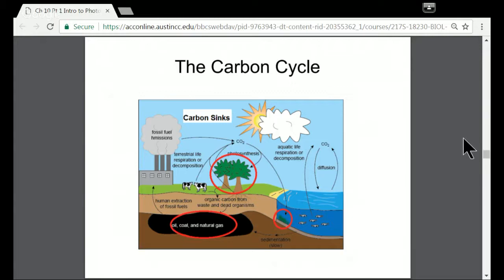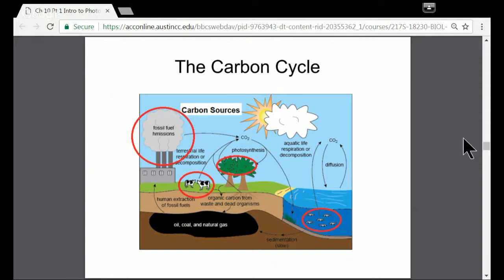One of the major problems we're running into right now is that when you pull up these fossil fuels, you take them out of the ground where they've been relatively captured, and you burn them to run cars and factories and produce electricity, you release millions of years of carbon that's been sequestered underground back into the atmosphere.